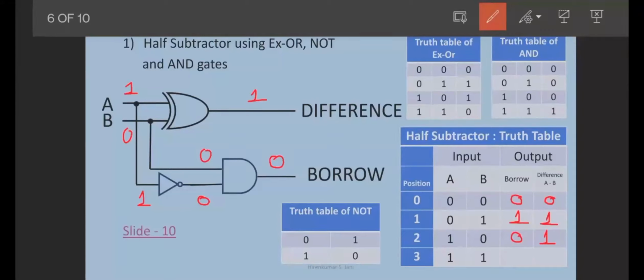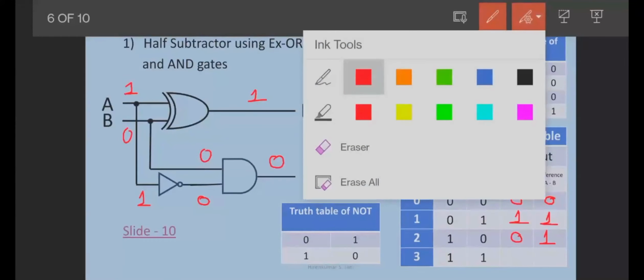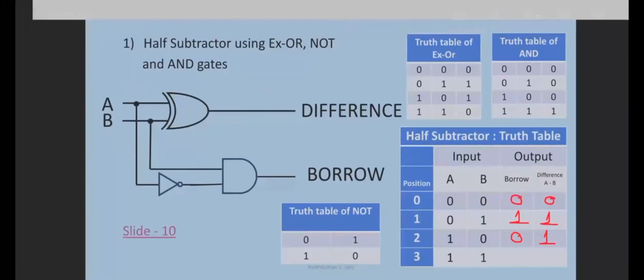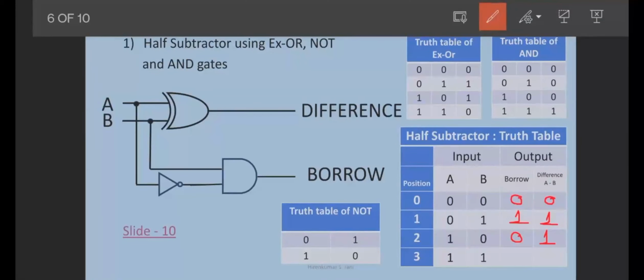Now we will go for the fourth case, the last one. For this case, both the inputs are 1. So A is 1 and B is also 1. The difference from the XOR gate is 0 since both the inputs are the same.